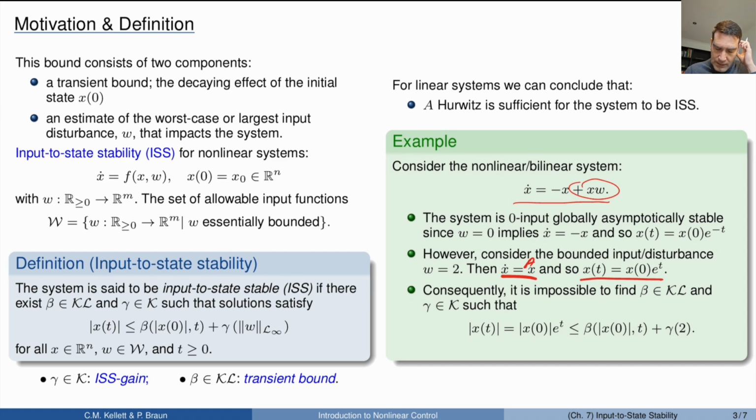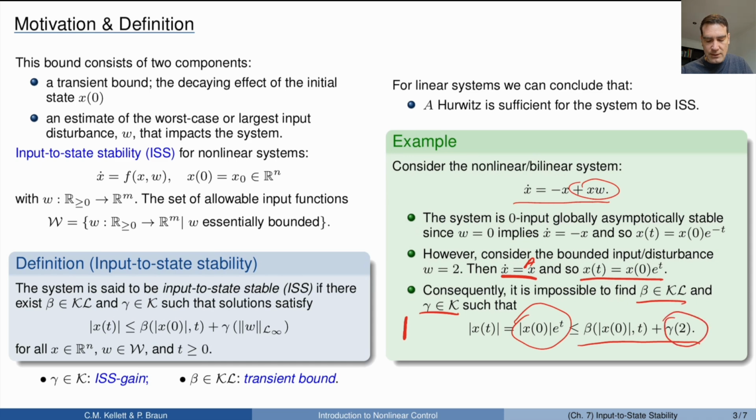But more importantly, if we now look at a possible definition of this KL function and the function gamma, then we end up with this expression here, showing us that this inequality cannot be satisfied by a KL function and a K function gamma, since this expression here is going to infinity.